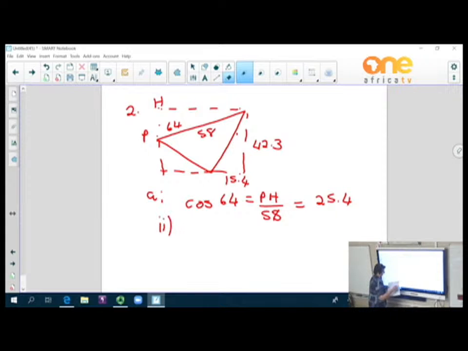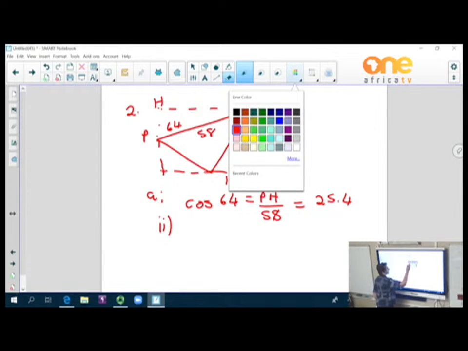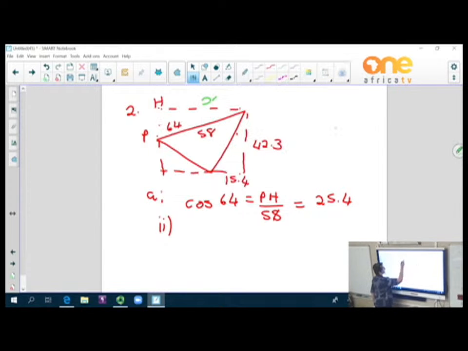Then A2. Now east of P, and now they say we have to calculate HA. So now we're looking for this. This is what we're looking for, but we're still working in this right angle triangle there. Can you see? So this time I will use, well, you can use Pythagoras, or you can use sine, we can use any one there.